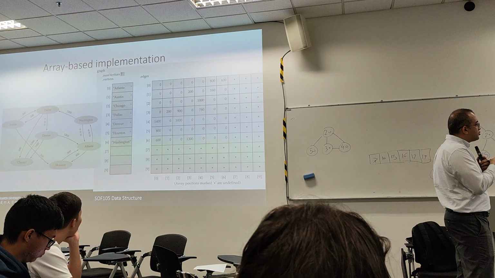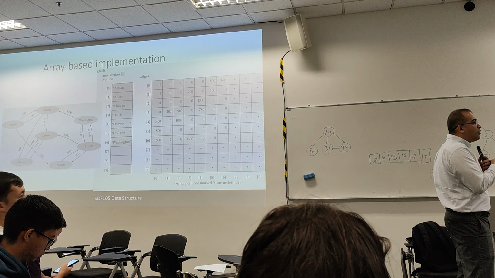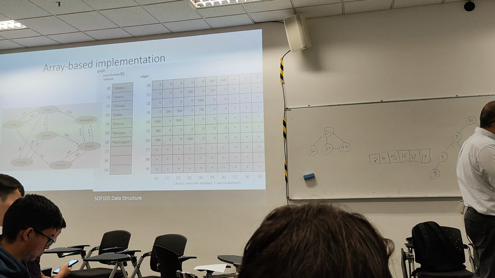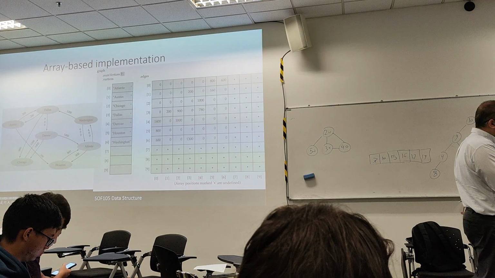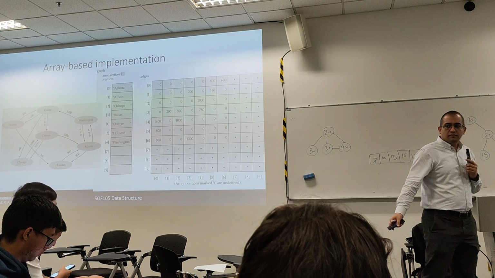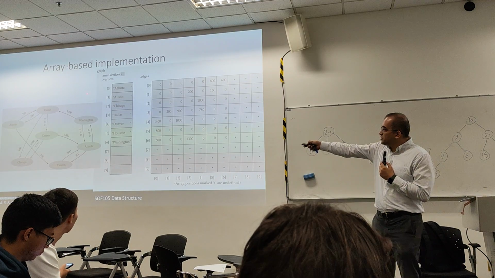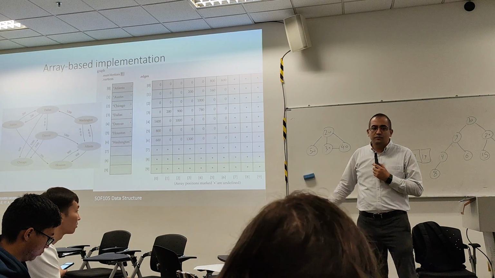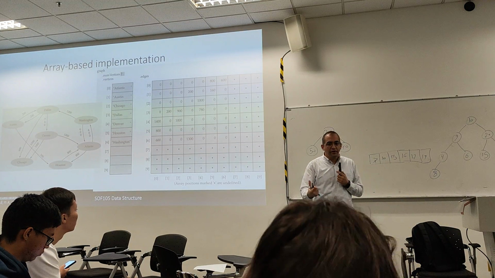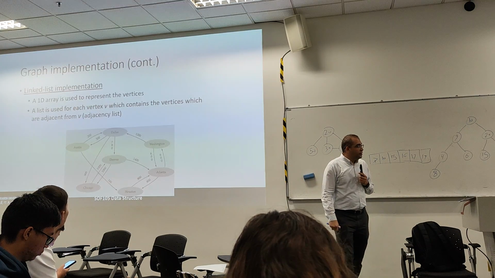So 6 and 3 should equal to what? 1,300. So I'll go to 6, 0, 1, 2, 3, 1,300. All right? Do I have Dallas to Washington? Do I have a connection between Dallas and Washington? No. What do I put? 0. That's it. Simple? Okay.